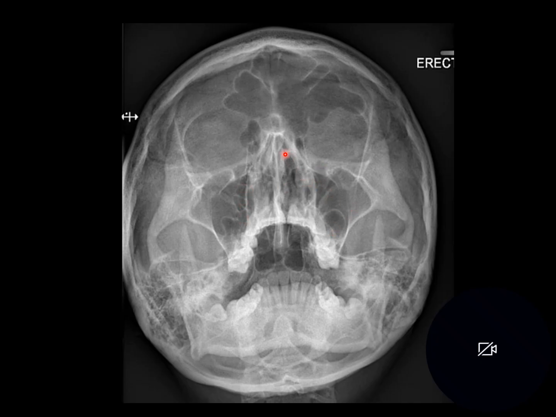And then between and behind the nasal bones would be the ethmoid sinuses superimposed one on top of the other, anterior, middle, and posterior, and then behind there, somewhere in this region, hidden by the perpendicular plate of the palatine bone and the vomer, would be the sphenoid sinus.